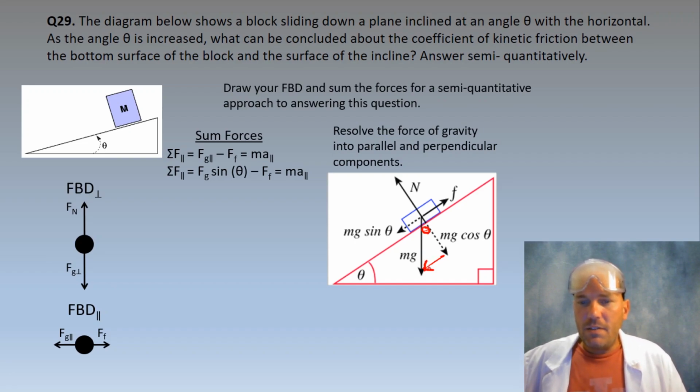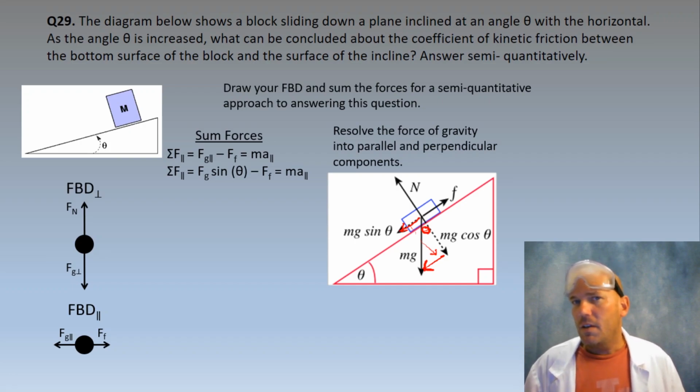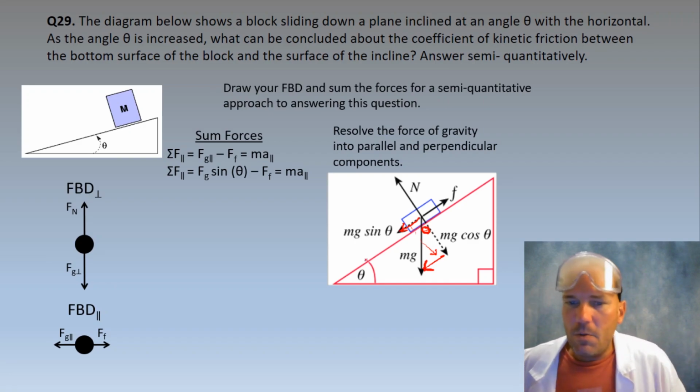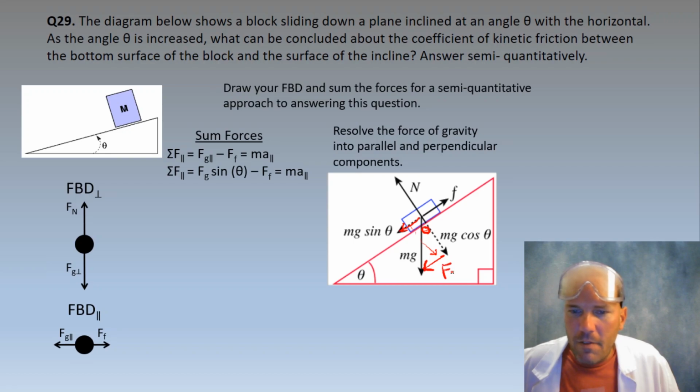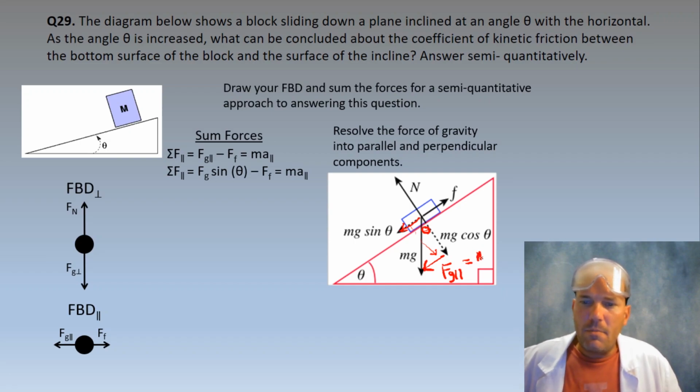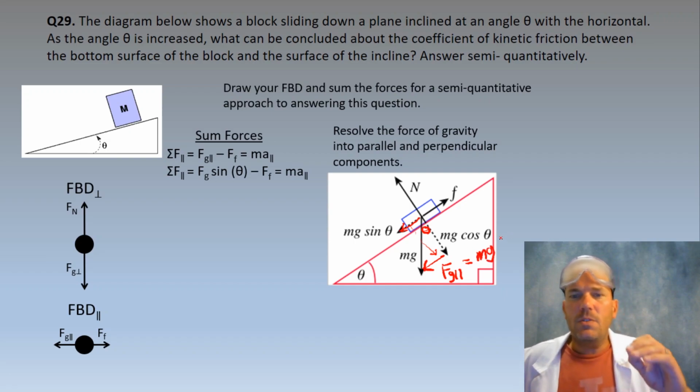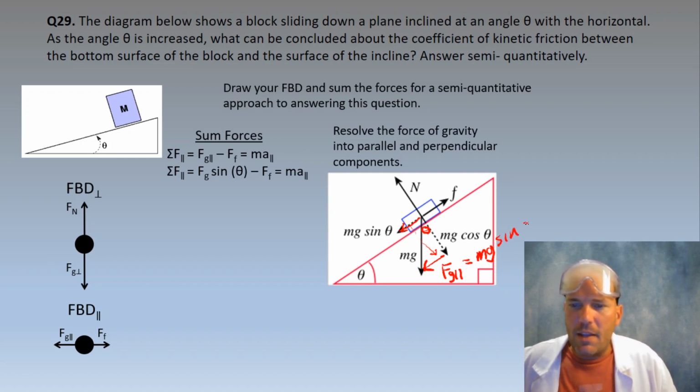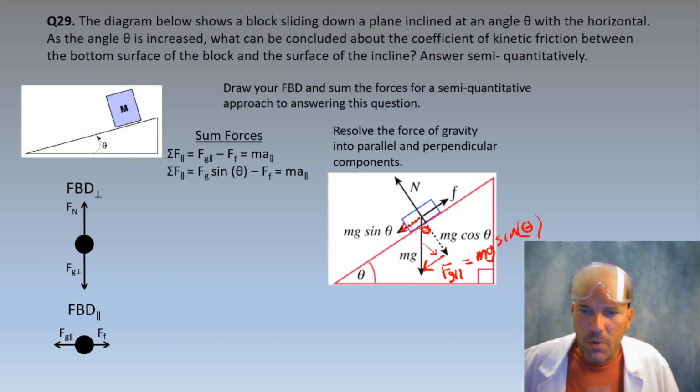So this vector here is this. Okay, so if I were to move this down here, it's the same angle and the same length or magnitude. So that is why, if you are finding the force of gravity parallel, it is equal to the opposite. So whatever your mg is, it's equal to the opposite, sine theta. I wanted to show you that.